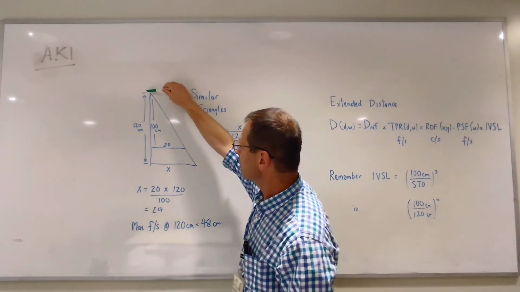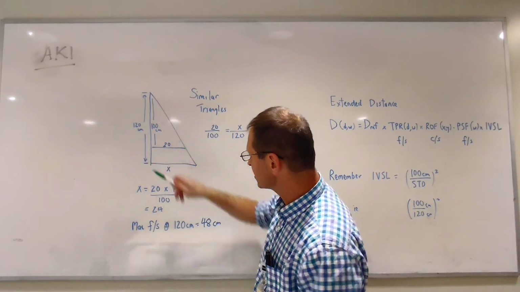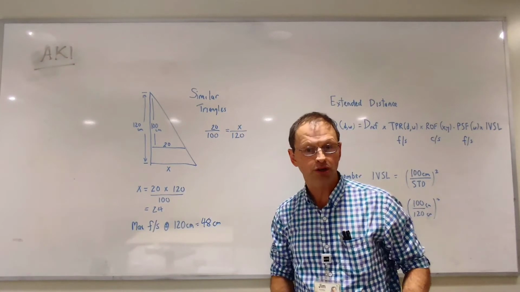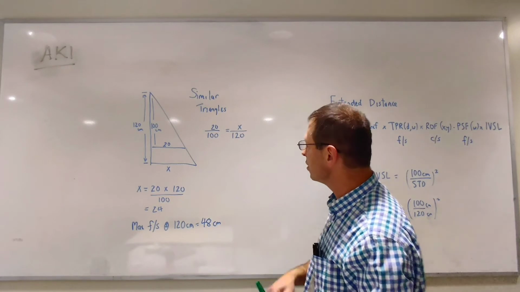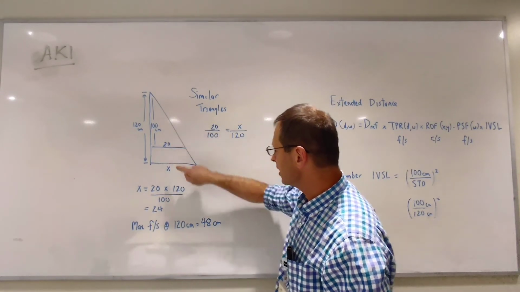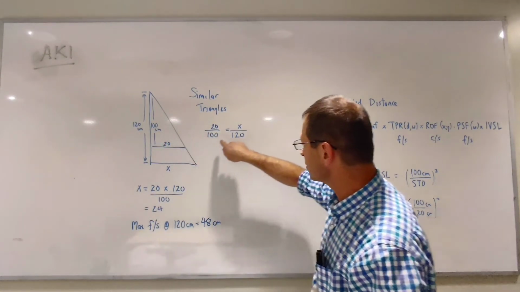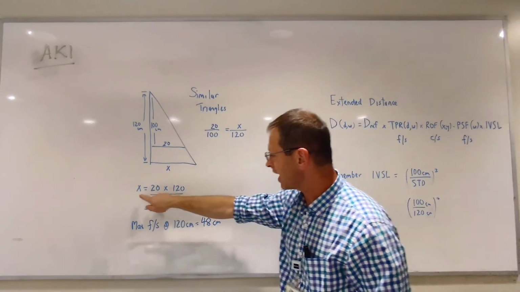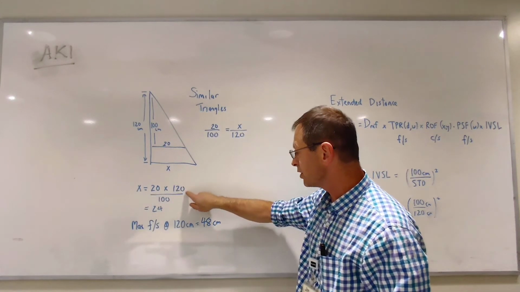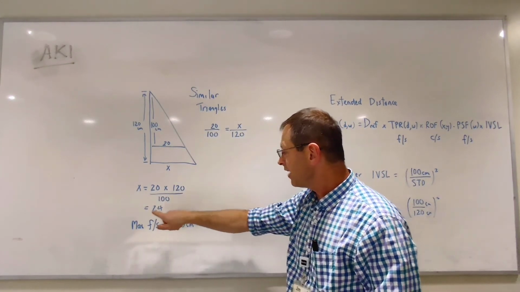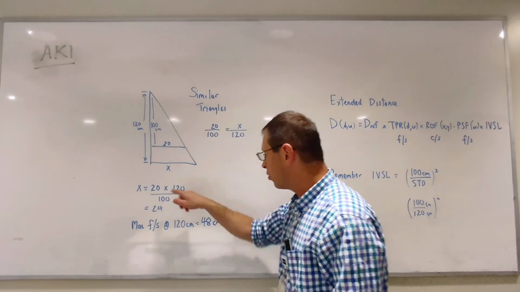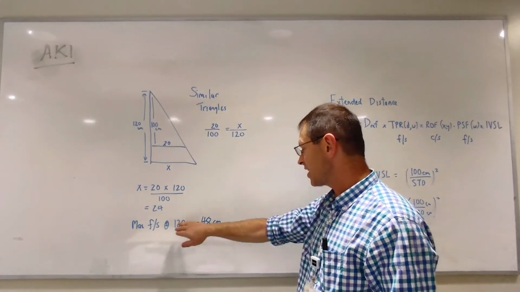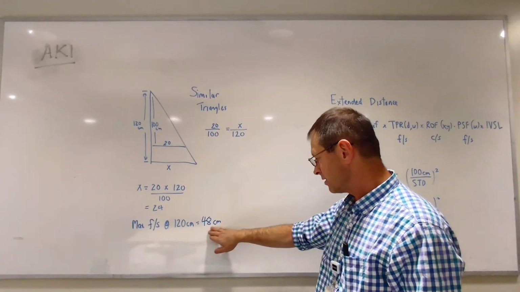If you go to 120 centimeters, an extended distance, we need to know what this distance would be. It's just a ratio based on similar triangles: 20 to 100 equals x to 120. There's the formula: 20 over 100 equals x over 120. When you multiply that out, x equals 20 times 120 over 100, and that works out to 24. So at 120 SAD, your maximum field size actually works out to 48.